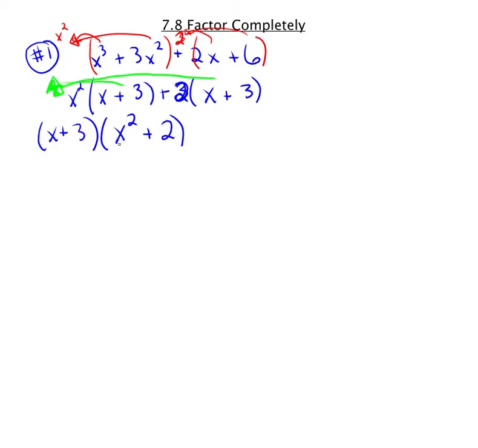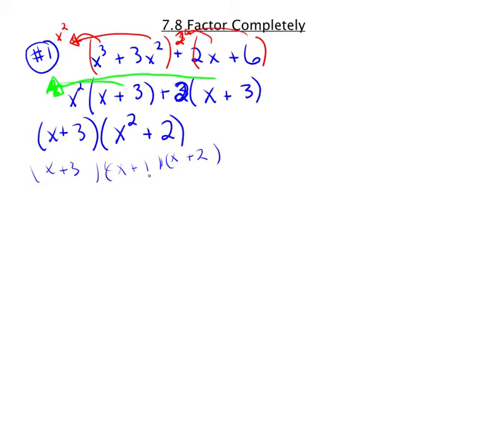Now I'm going to look at the x squared plus 2 and think, can I factor that also down here? And I'm thinking in my head, well, I could bring down that x plus 3, but then I'll have an x and an x, but I'll need to multiply a positive number and a positive number over here, and the only factors would be 1 times 2.